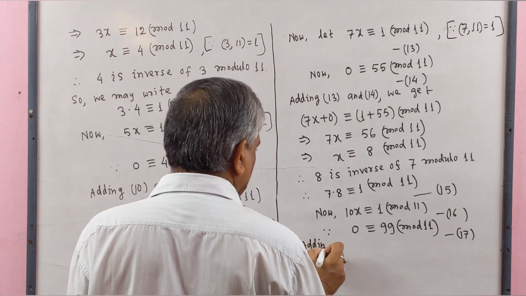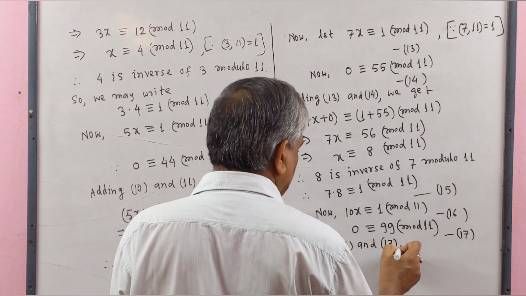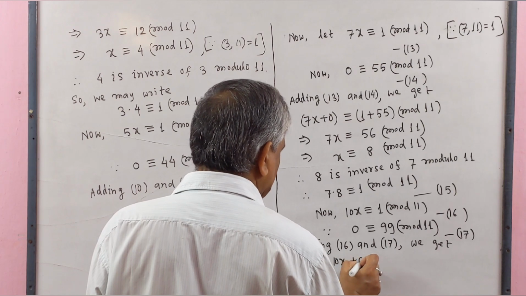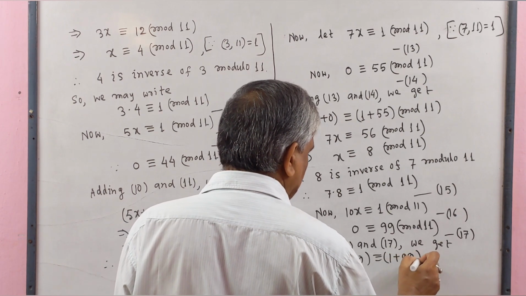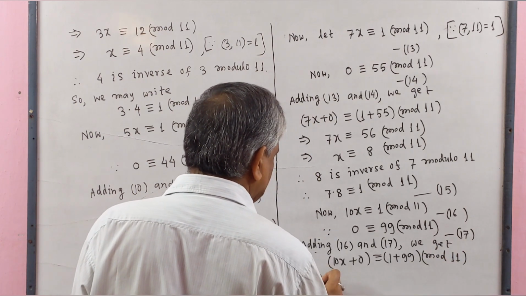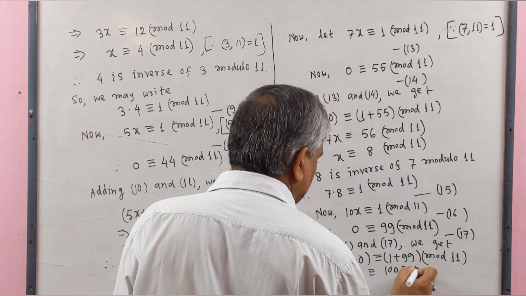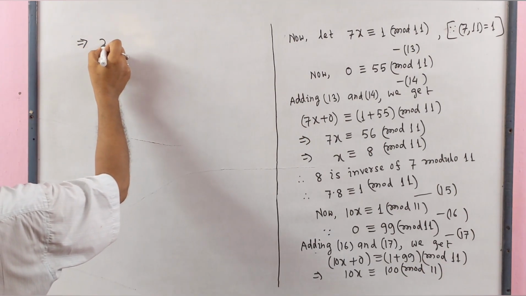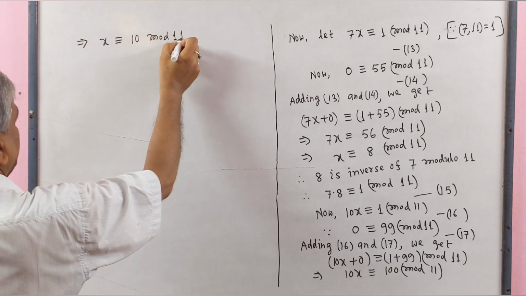Adding 16 and 17, we get 10x plus 0 is congruent to 1 plus 99 modulo 11, implies that 10x is congruent to 100 modulo 11, implies that x is congruent to 10 modulo 11.